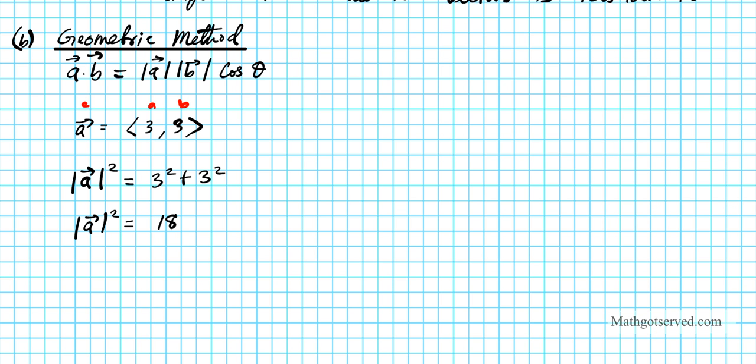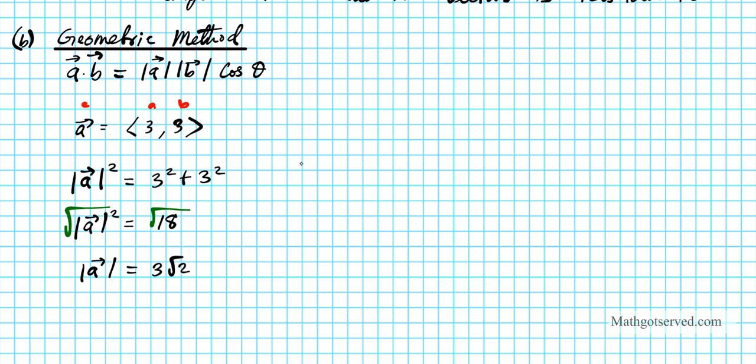Okay. Now we're going to take the square root of both sides. The square root of the magnitude of vector A squared is the magnitude of vector A, which equals the square root of 18, which is 3 root 2. If you break this down, it's going to be 3 times 3 times 2. The two 3's come out as a 3, and then you have 3 root 2. Okay?